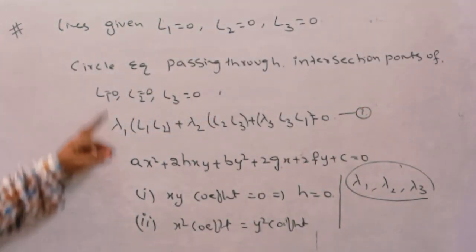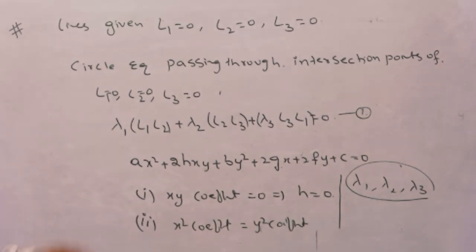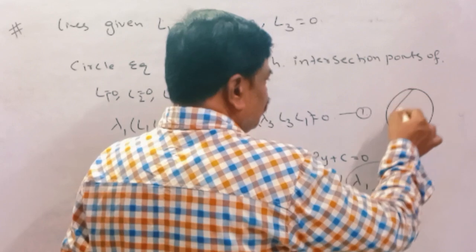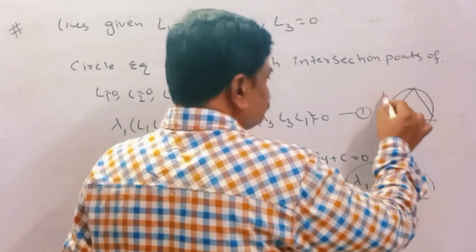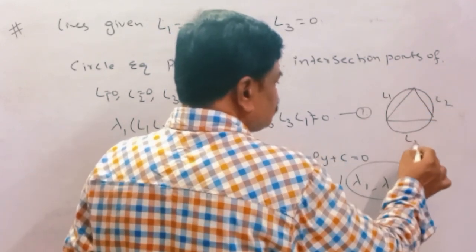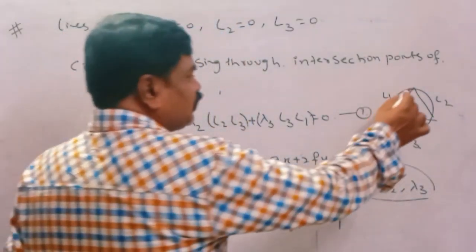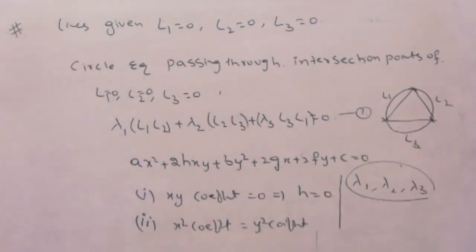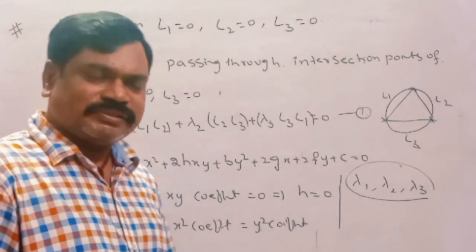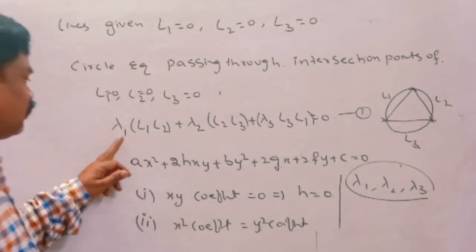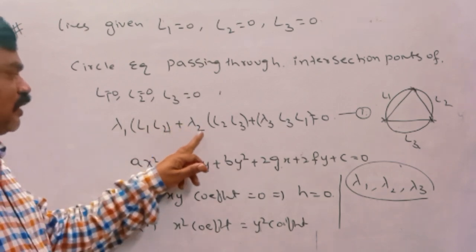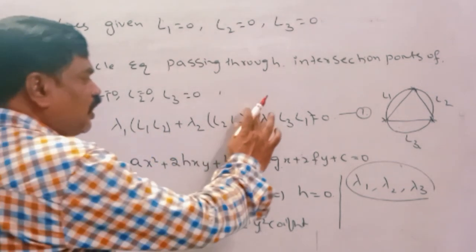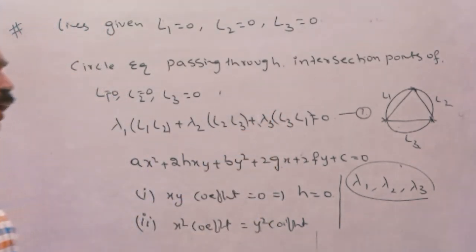Okay, all of you, this is the circle equation passing through L1, L2 and L3. This is L1, this is L2, this is L3. These are the points of intersection, and the circle passing through the points of intersection of L1, L2 and L3 is lambda 1 of L1 L2 plus lambda 2 of L2 L3 plus lambda 3 of L3 L1 equal to 0.